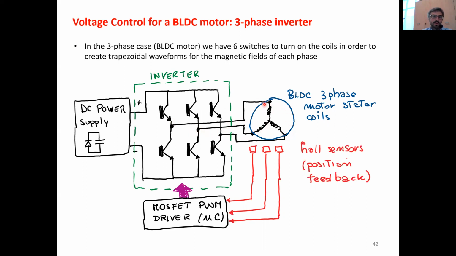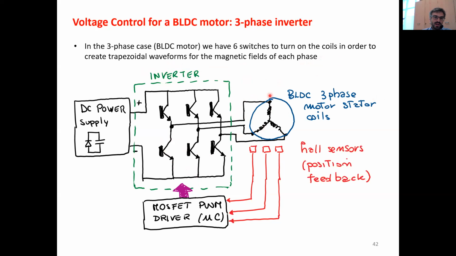I won't go into the details of the differences between the star connection and the triangle connection, just know that they exist. And these switches are open or closed in a way such that we have trapezoidal waveforms for the magnetic field at each phase.